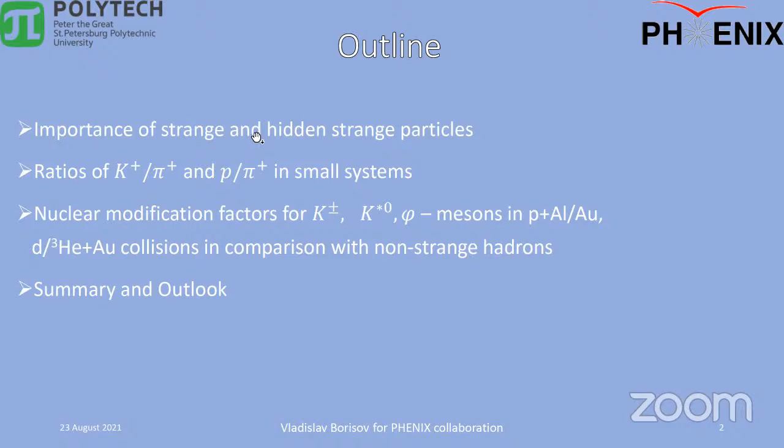Then I will present the ratio of K to pion and proton to pion in small system collisions. Then I will present nuclear modification factors of charged kaons, K star, and phi mesons in small collision systems, and compare them to non-strange hadrons. And then I am going to summarize my talk.